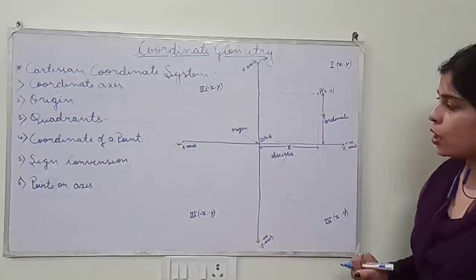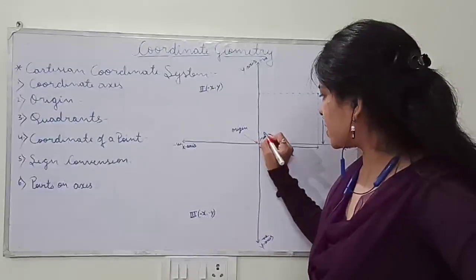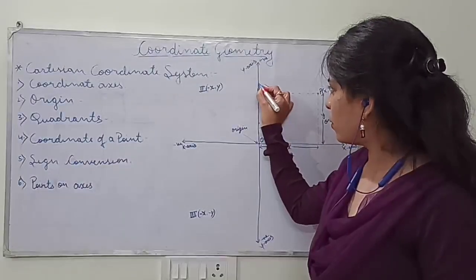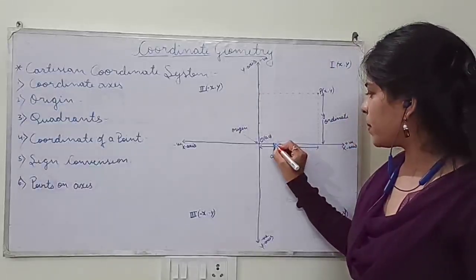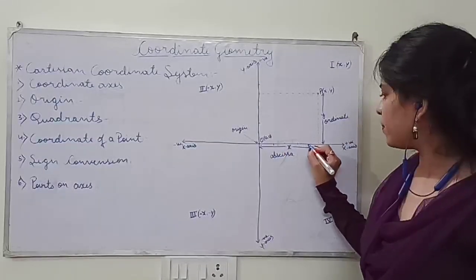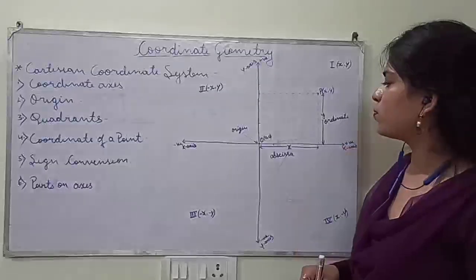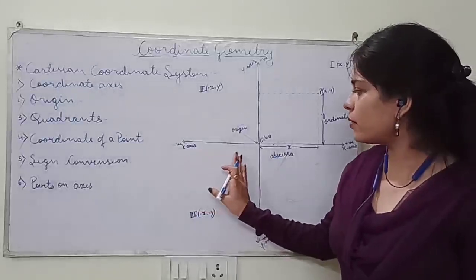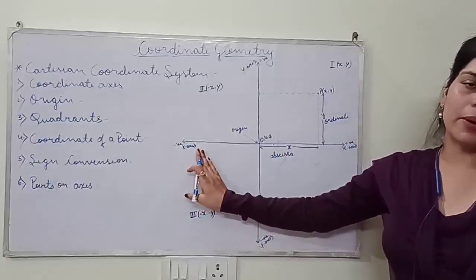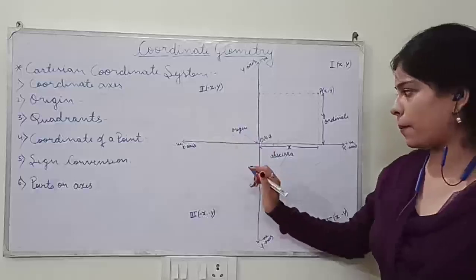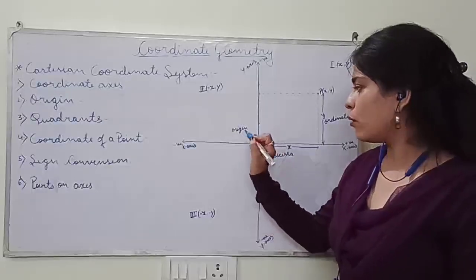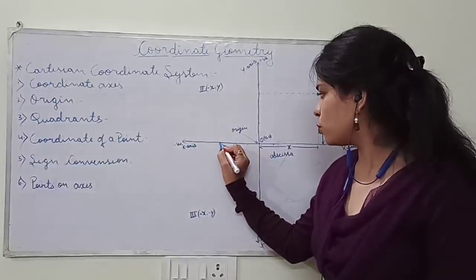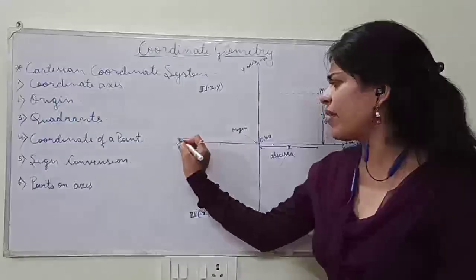Suppose here it is +1 and here it is +2, +3, +4, +5 and so on. Here it will be +1, +2, +3, +4, +5, +6, and so on. On the horizontal number line, the negative numbers will be -1, -2, -3, -4, -5 and so on.